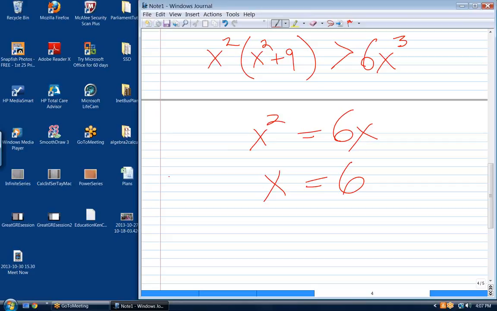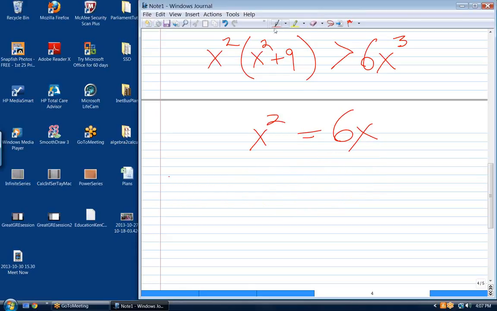When you divide by a variable that can be 0, if 0 is a solution, you will lose it. Just as we did here. 0 is obviously a solution because 0 squared is equal to 6 times 0. But notice it's nowhere to be found if we do what you did.